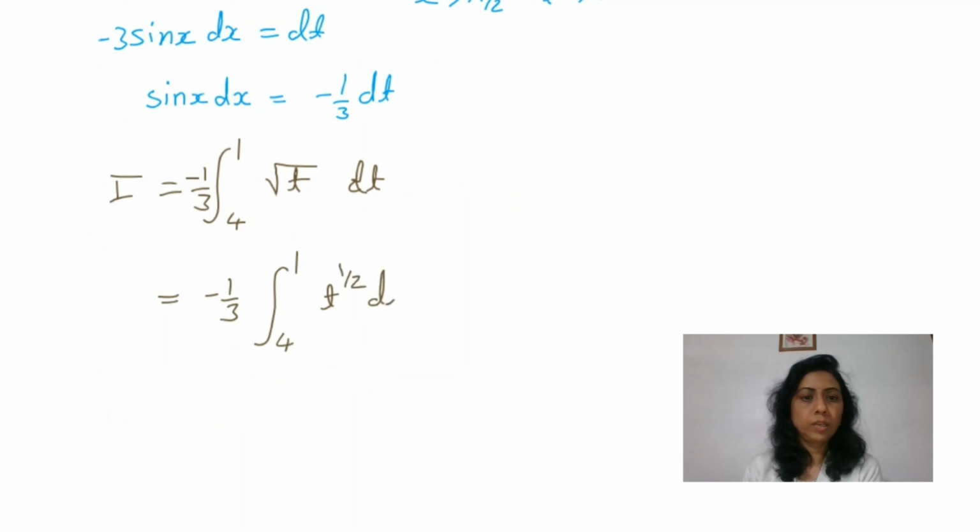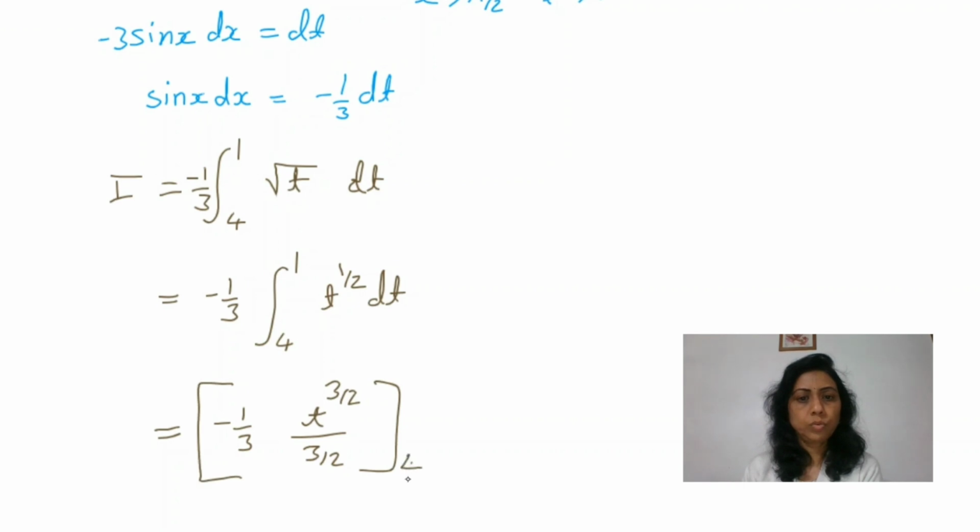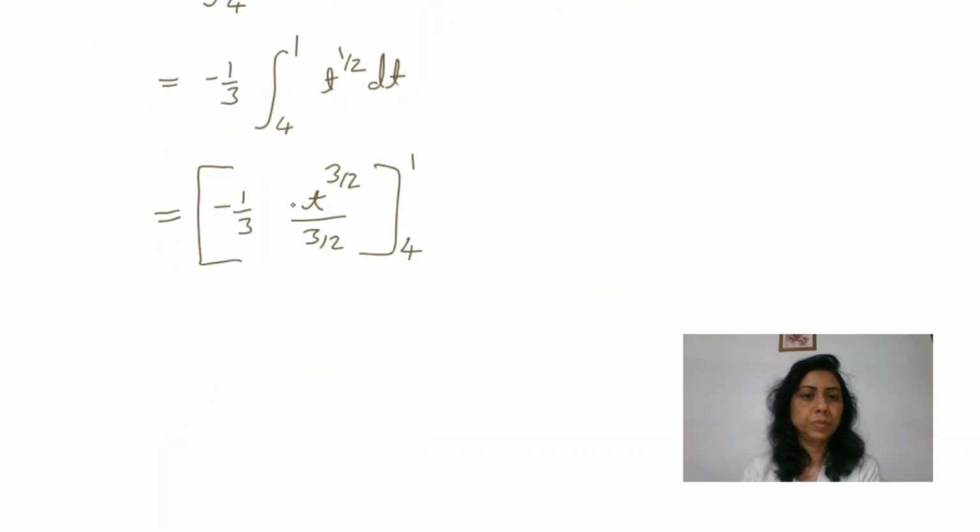Now we can integrate. Minus 1 upon 3, and when we integrate we get t to the power 3 upon 2, because 1 upon 2 plus 1 is 3 upon 2, and we divide by 3 upon 2, with limits 4 to 1, lower limit 4, upper limit 1.